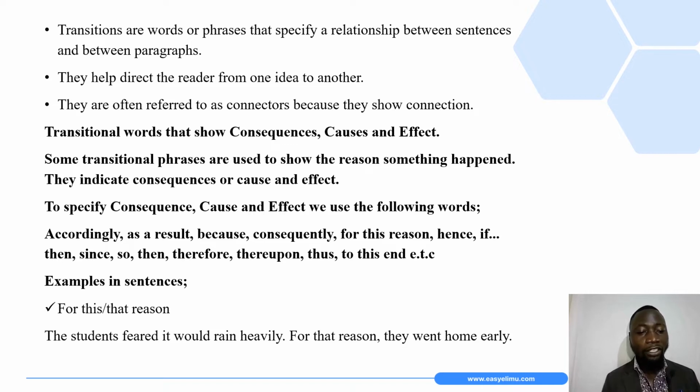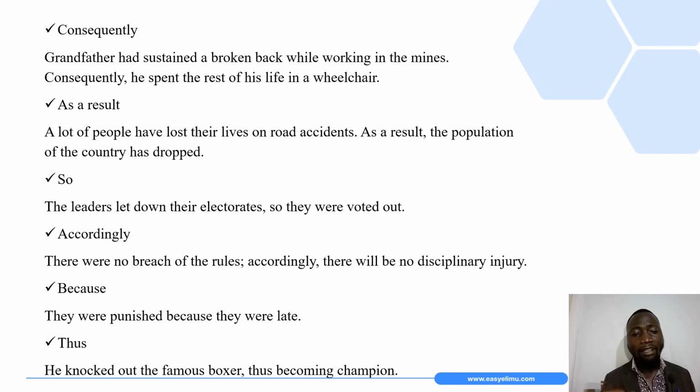An example in a sentence: the students feared it would rain heavily. For that reason, comma, they went home early. The reason why the students went home early is because they feared that it would rain heavily. So for that reason has been used to show the cause.